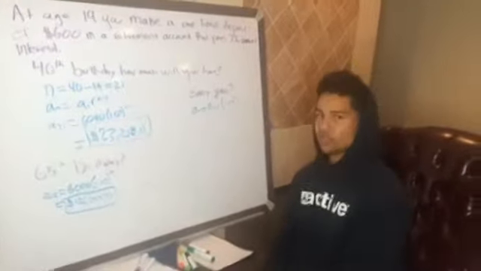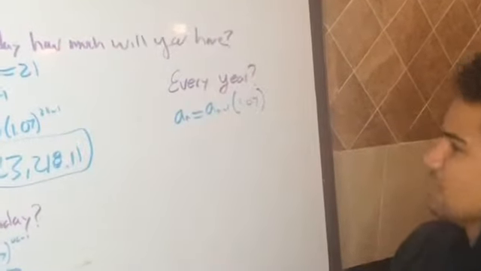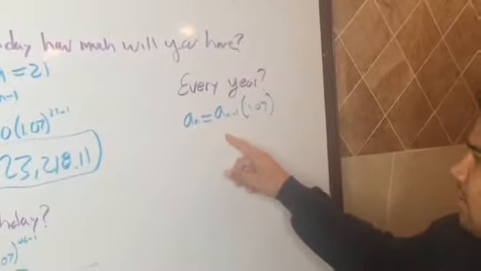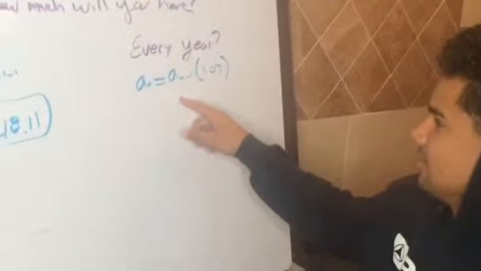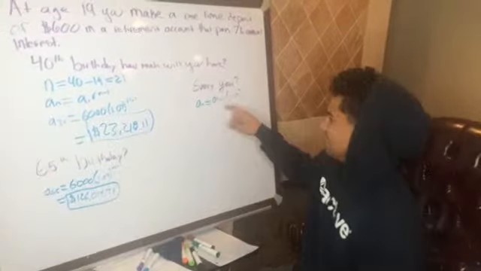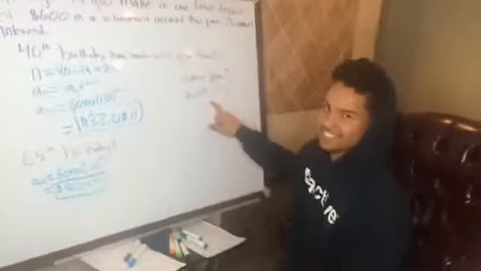And then the last one was, what would you get per year? So we basically keep the same equation. Since a_n is this year, we take minus 1 to make it last year. And we multiply that by 1.07 because that's the 7% interest we have.